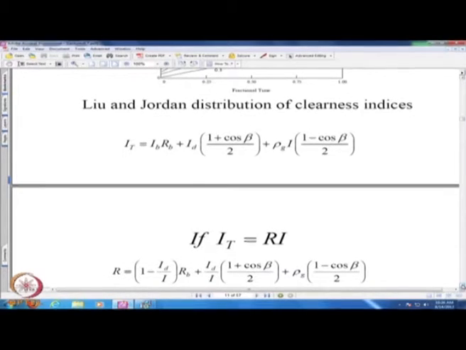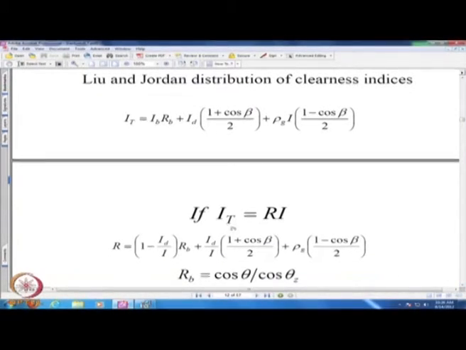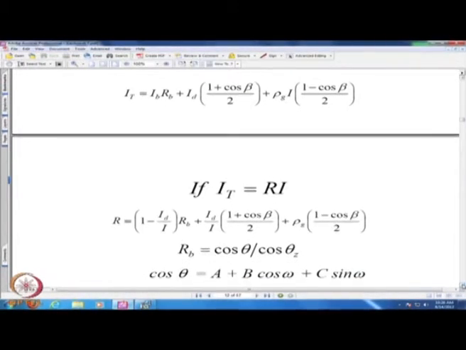So, if in general the whole of I t is expressed as a factor r multiplied by I, we have r in terms of R b, and the other quantity you can simply obtain by dividing with r.